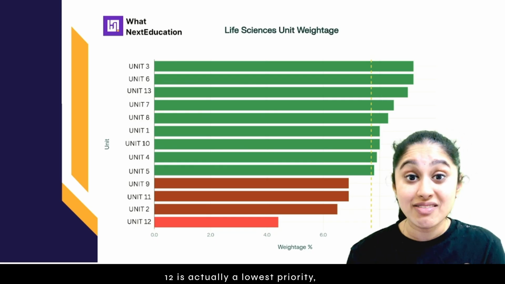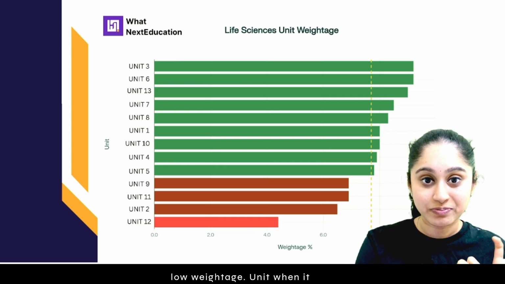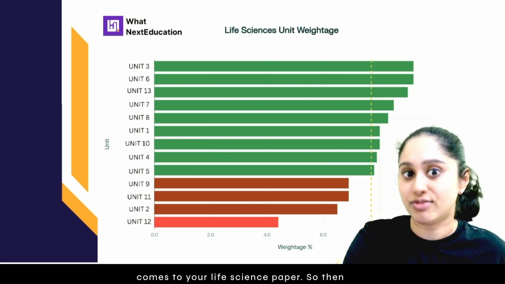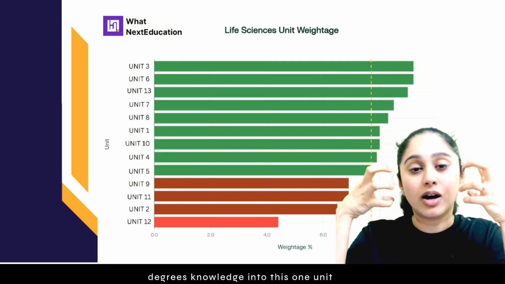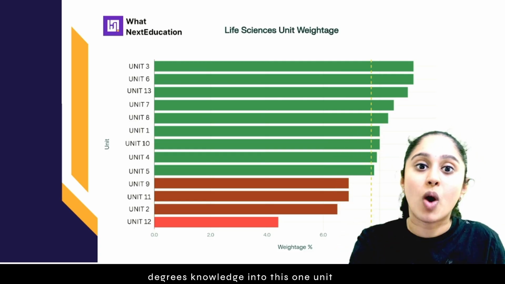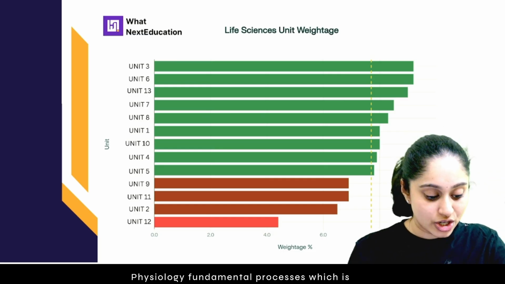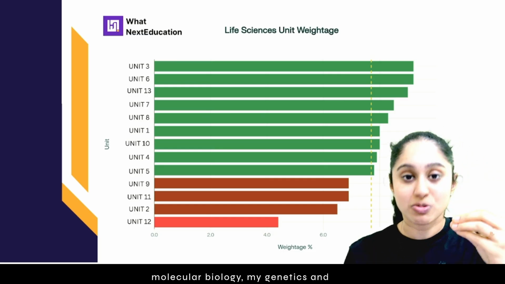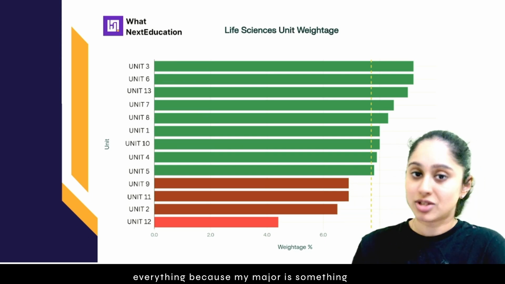But unit 12 is actually a lowest priority, low weightage unit when it comes to your life science paper. So what happens is, I'm putting all my knowledge into this one unit and ignoring plant physiology, fundamental processes, molecular biology, genetics and everything, because my major is something else.